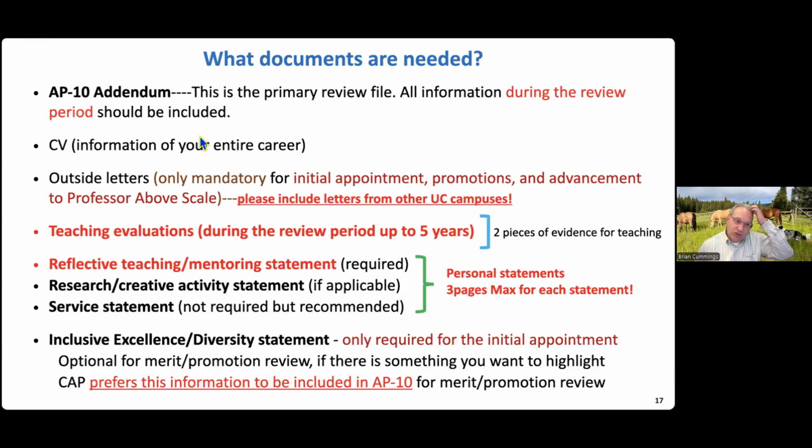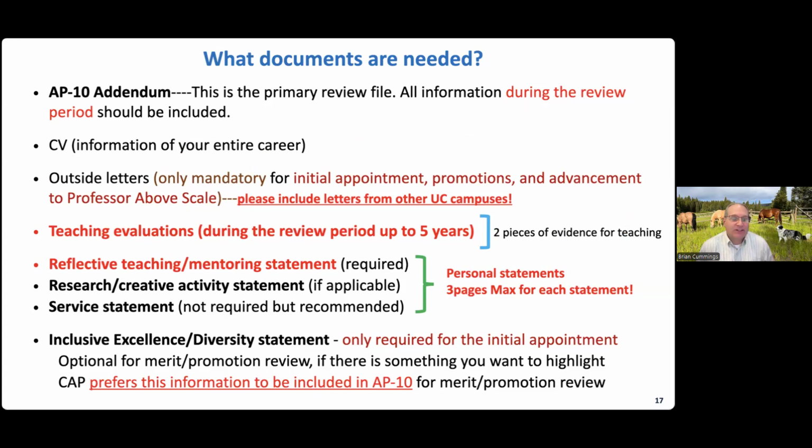You should also include a CV, and that CV would have your entire career, not just the review period. Outside letters only if it's initial appointment, a promotion, or going to professor above scale. And then you will be including teaching evaluations during the review period, up to 5 years old or less, and CAP wants to see 2 pieces of evidence of teaching.